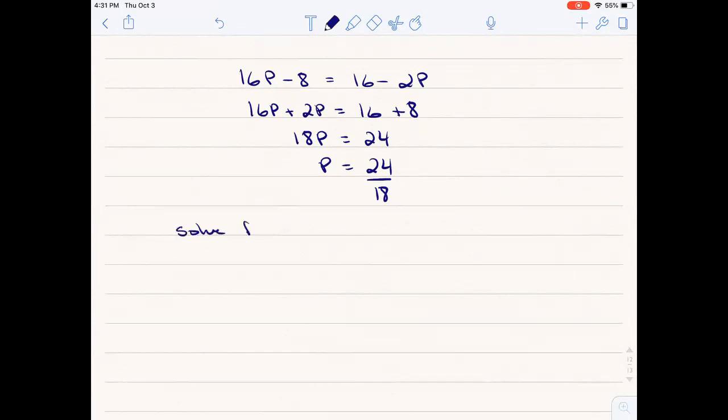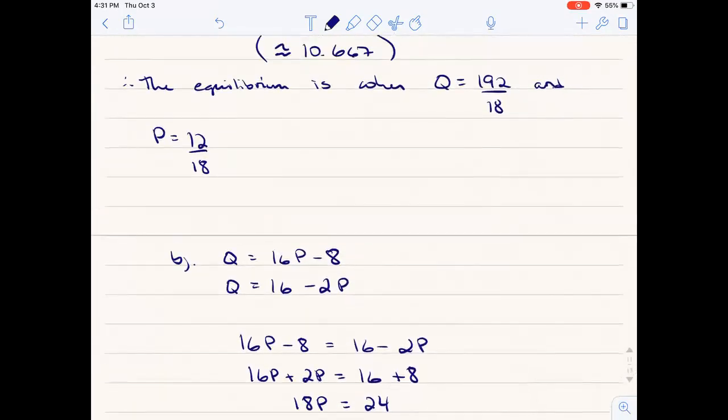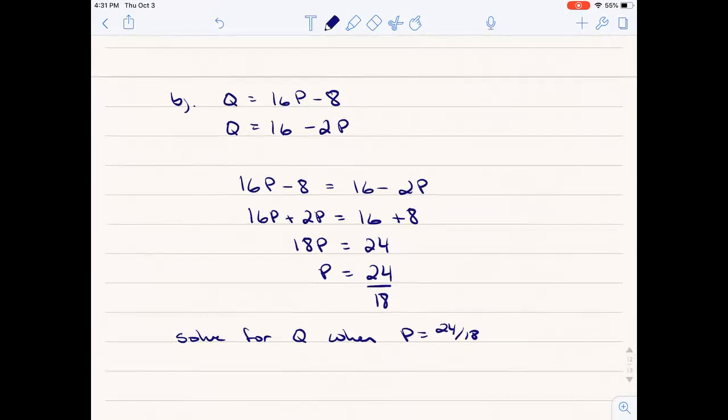Now solve for Q when P is 24 over 18. We can use either of those equations for Q, right? 16P minus 8 or 16 minus 2P. Neither of those look very good, right?